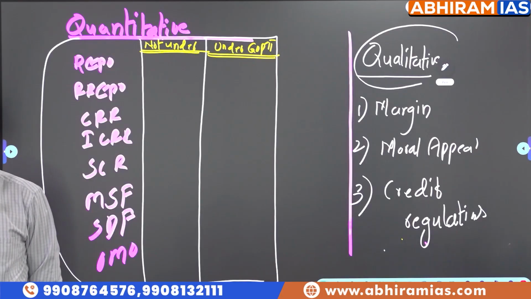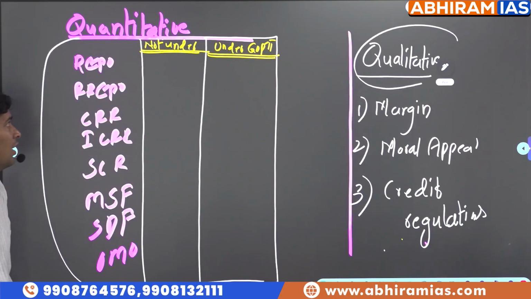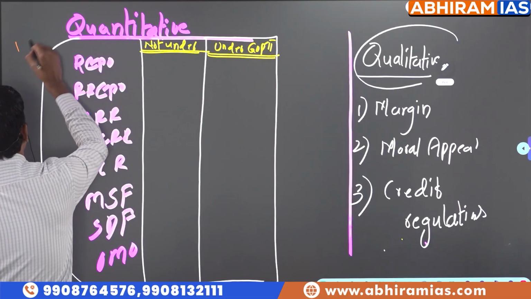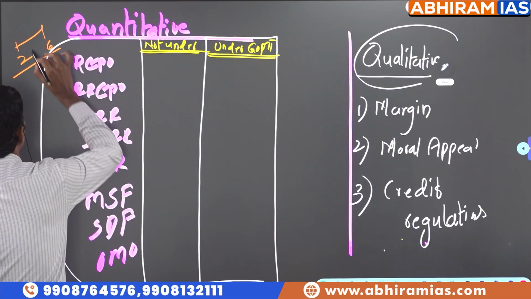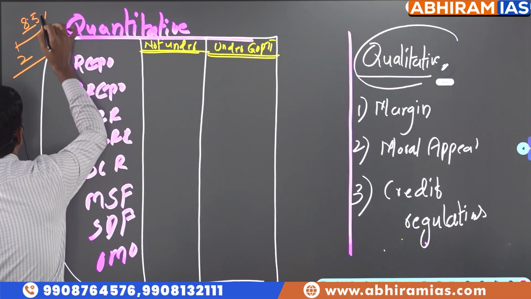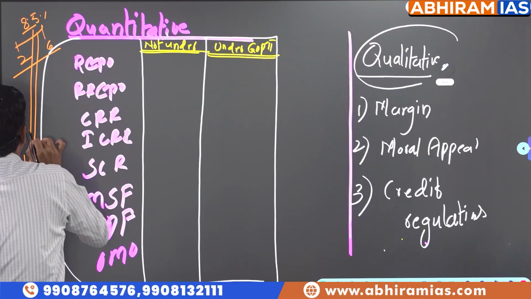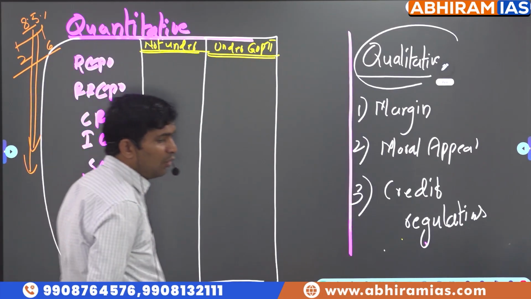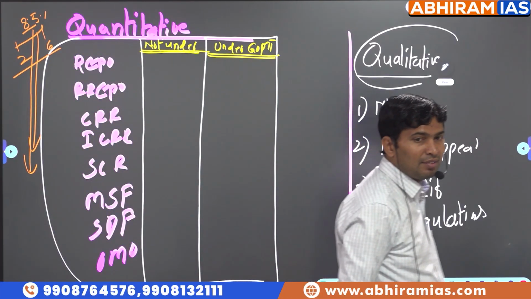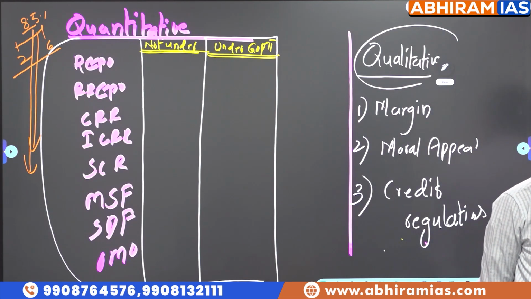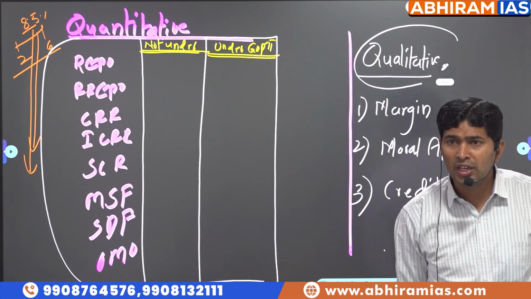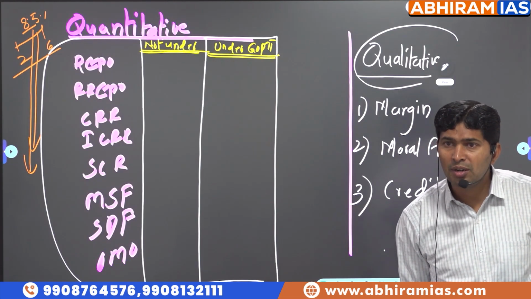Why, sir? Because inflation is not under control, meaning it is not in the range of 2 to 6. To control the prices, should we reduce money supply or increase money supply? Reduce money supply. If people spend less, demand would come down, prices would come down.